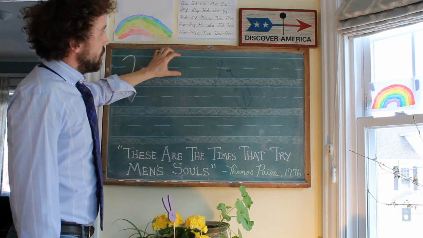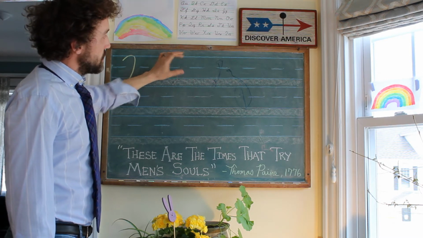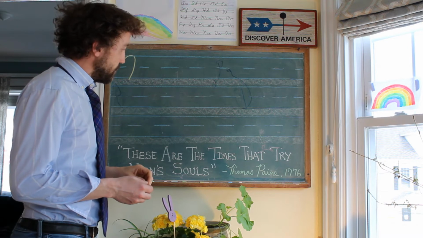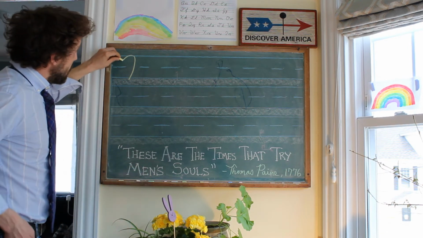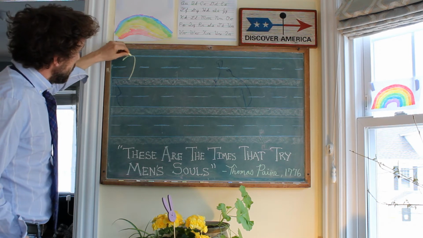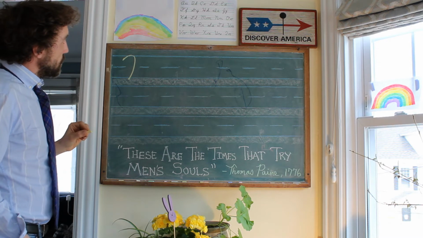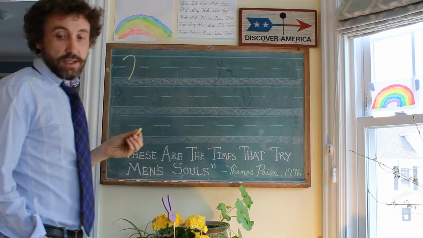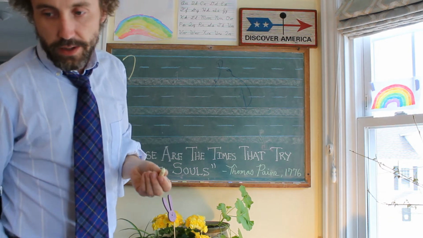So when you're following along, you're going to be using two lines of lined notebook paper. So our first stroke of the K, you start up here and you come down using two lines of the notebook paper.